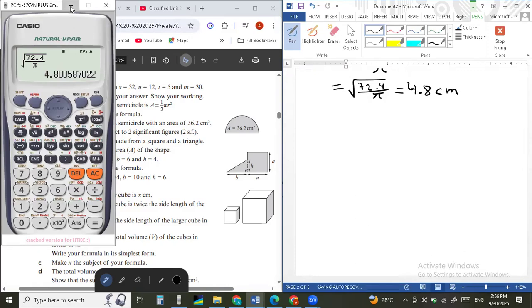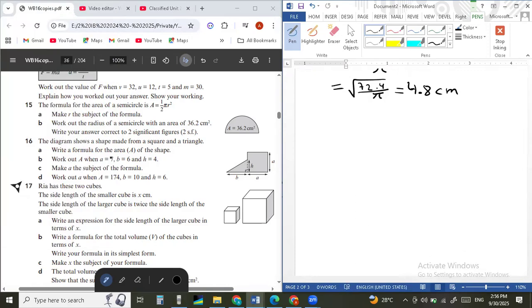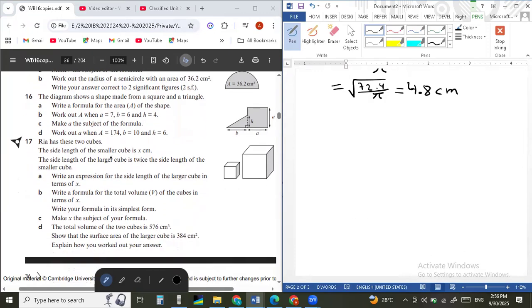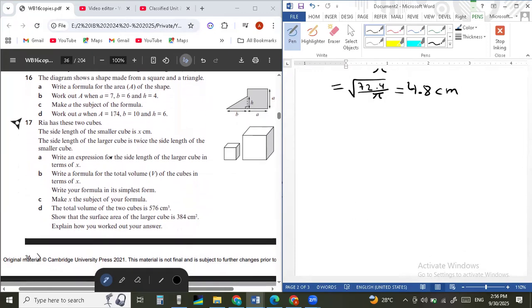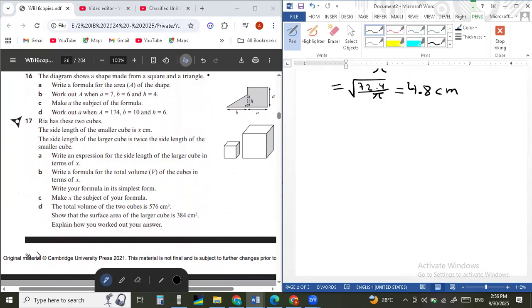Just a second, let me put the calculator away. Next question is question 16. It says the diagram shows a shape made from a square and a triangle. And they're telling you here that the base of the triangle is b, the height is h, and the side of the square is a. They want you to write a formula for the area A of the whole shape.